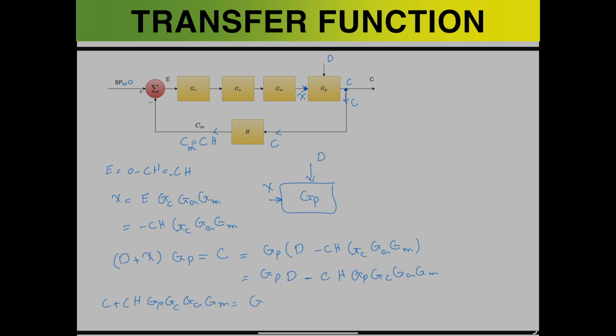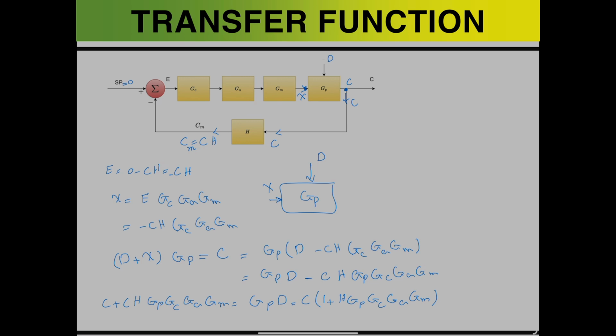They all become equal to GP times D. Now we can factor out C, which would take us to 1 plus H, GP, GC, GA, and GM.